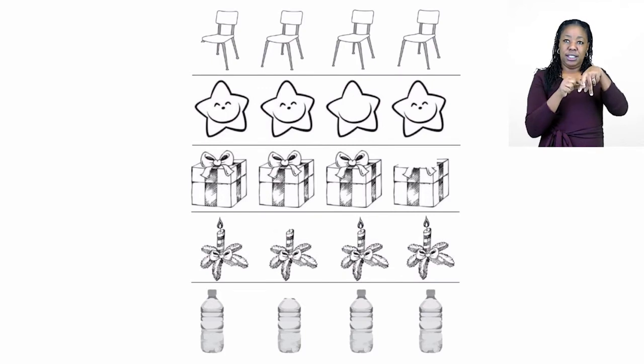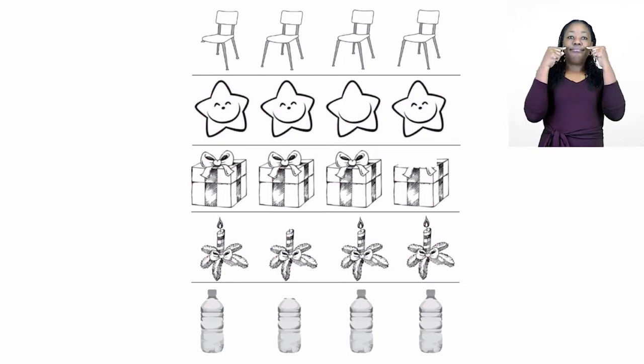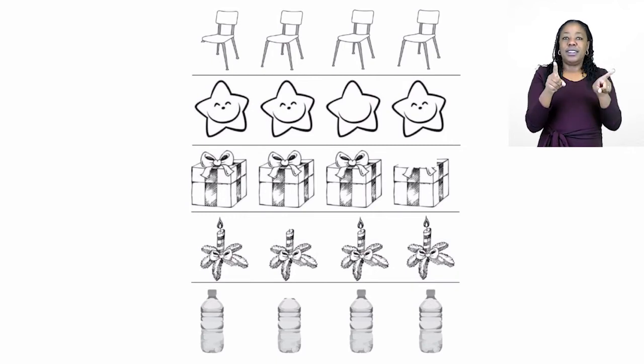I'd like you to please circle the first chair that you can see there. Well done. Let's take a look at the second one. We have smiling stars. They all have a smile, a little nose, and some eyes, except for one of them. Can you see the star that is different from the other stars?